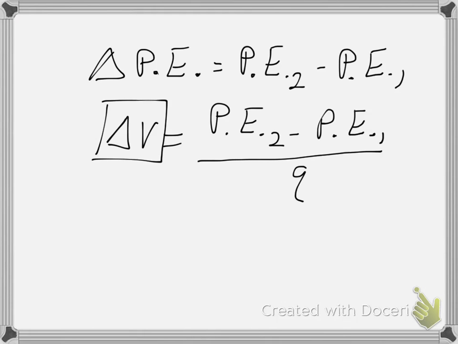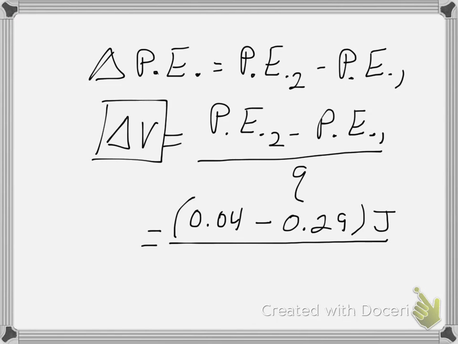Now all we need to do is plug in, and this will allow us to use our calculator only one time. So when we do this, we're going to get 0.04 minus 0.29 joules divided by, I'm sorry, 5 times 10 to the negative 6 coulombs.